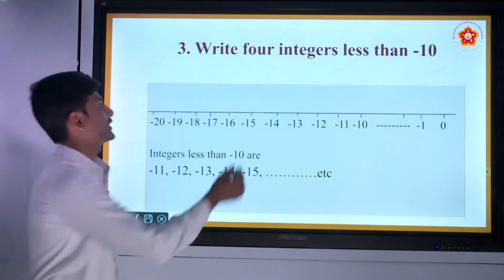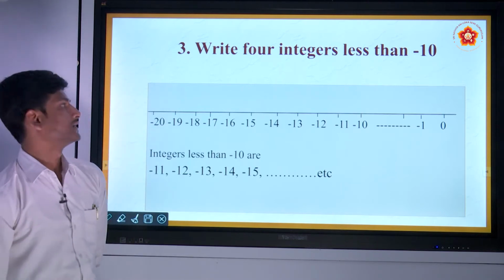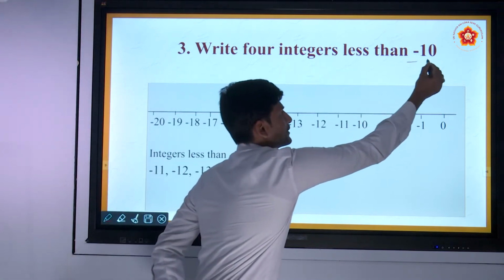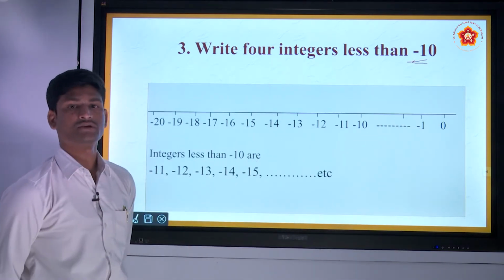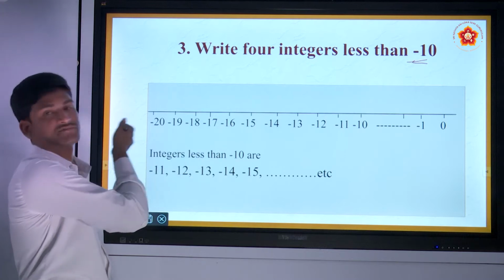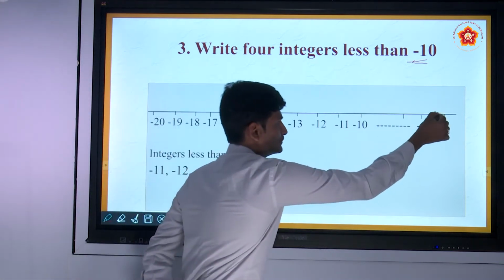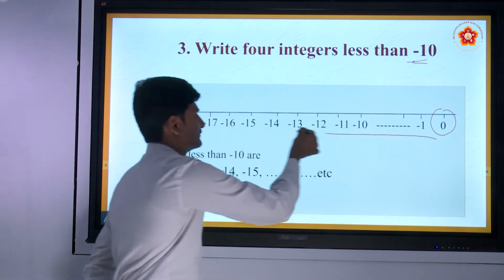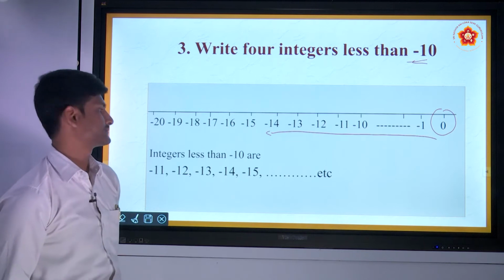Then write 4 integers less than -10. 4 integers less than -10. You already know -10 is a negative integer. Less than means towards the left side. The numbers from 0 towards the left side get less.